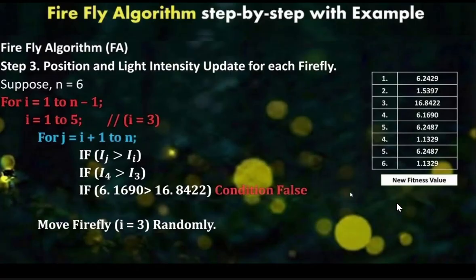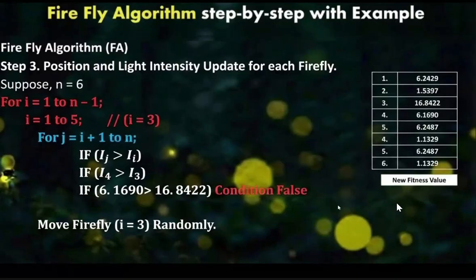Over here, we can see Firefly 3, which is I3 equal to 16.3, and Firefly 4, which is I4 equals 6.1690. The condition I4 greater than I3 is false, as Firefly 3 is already less bright than Firefly 4.